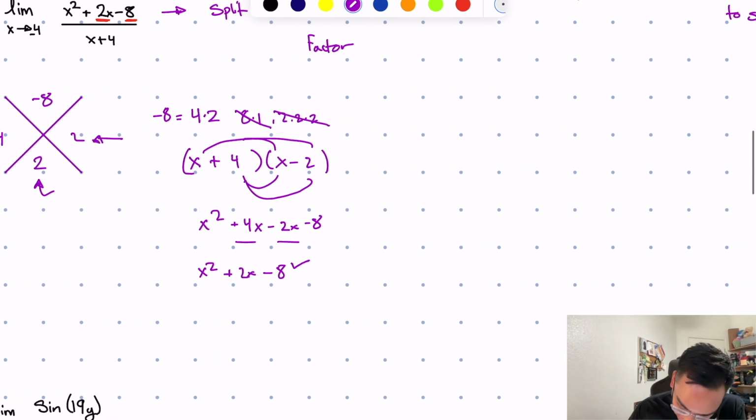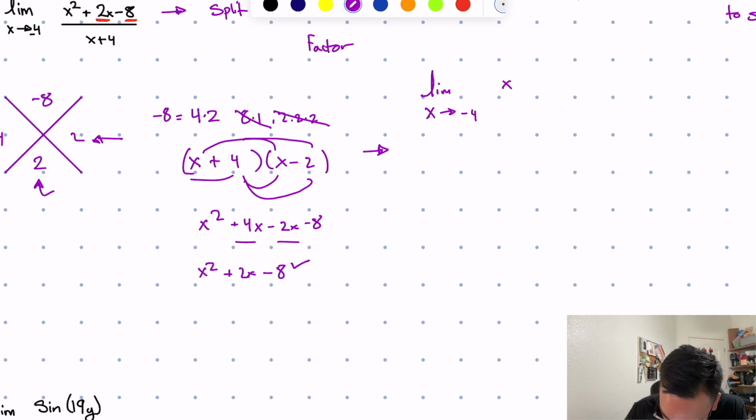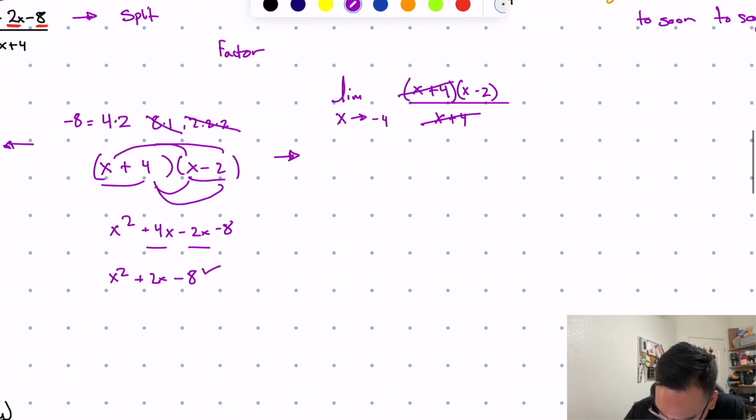So after we factor, what we are left with is the limit as x approaches negative 4, and on top we have x plus 4, x minus 2, over x plus 4. So x plus 4 can cancel out.